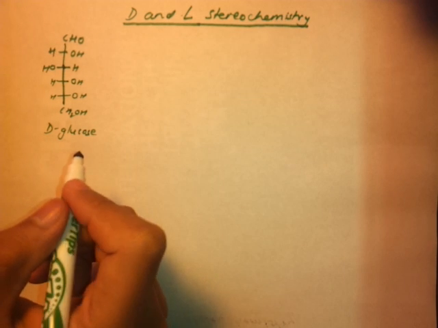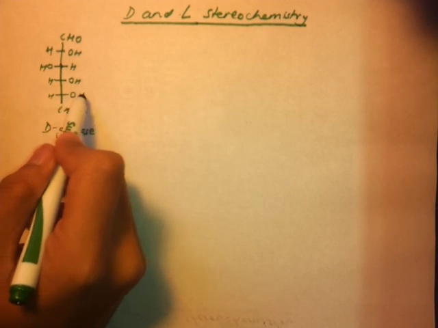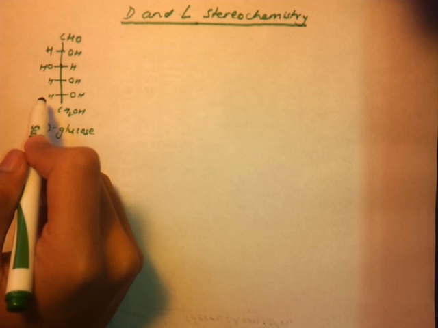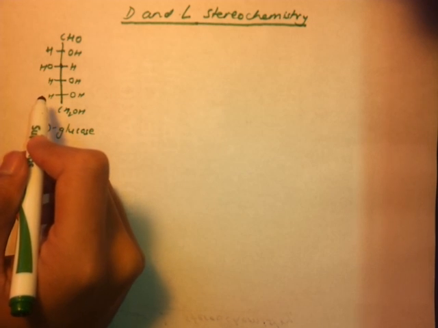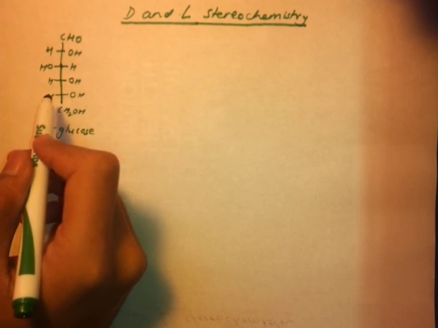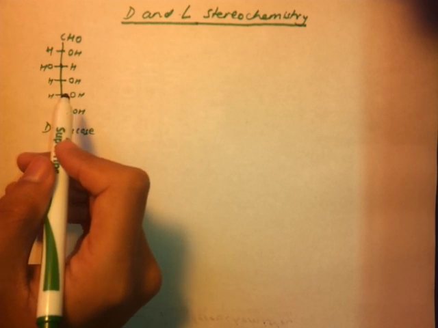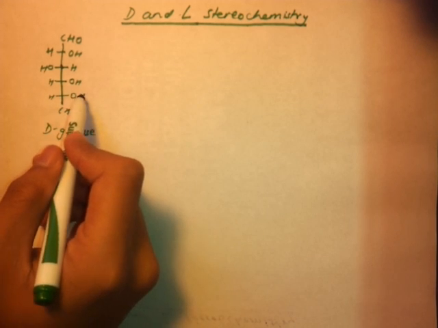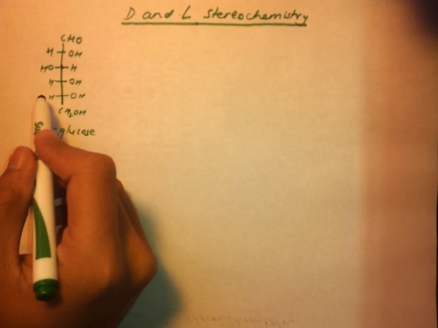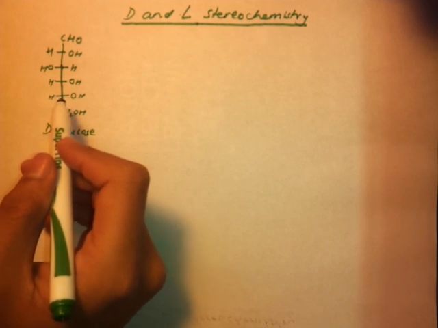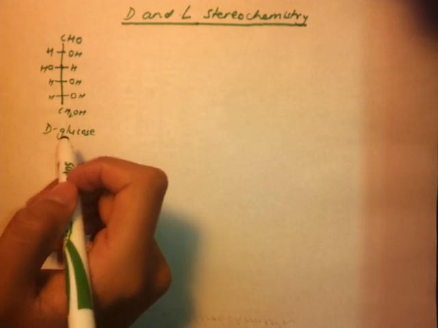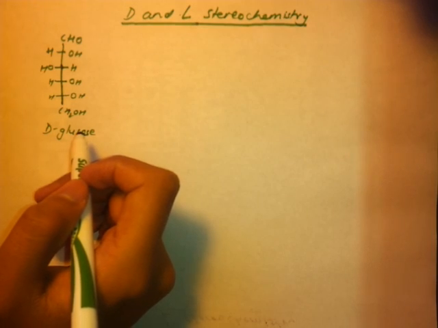Now for L glucose, you might think that if this OH goes to this side, this would be L glucose, but you'd be partly right and partly wrong. You'd be right that it would be an L compound if this OH is to this side, but this should not be glucose anymore. L glucose is a mirror image of D glucose, and I'm going to draw it right now.